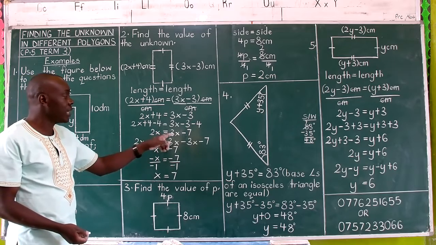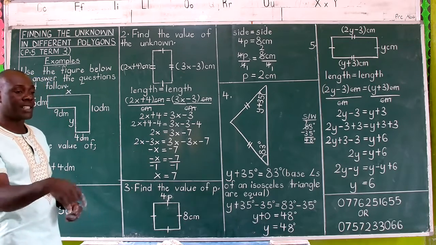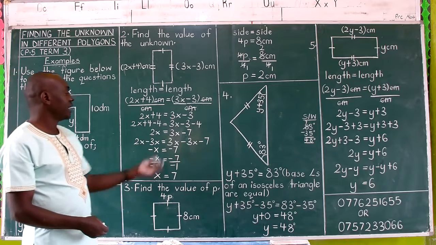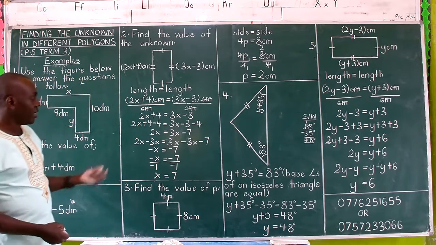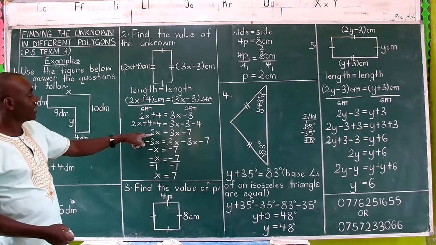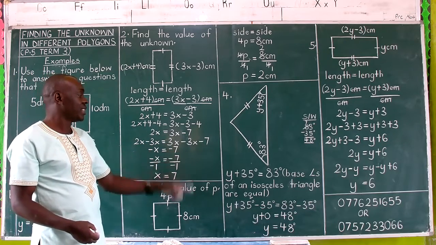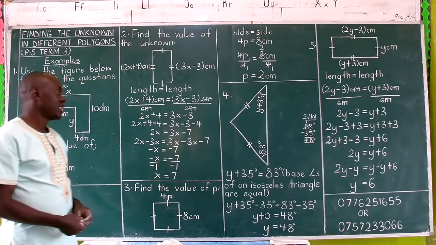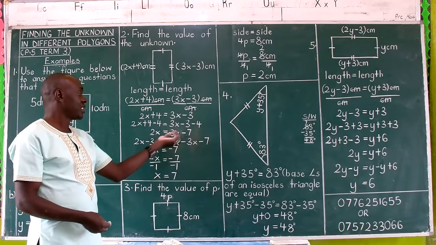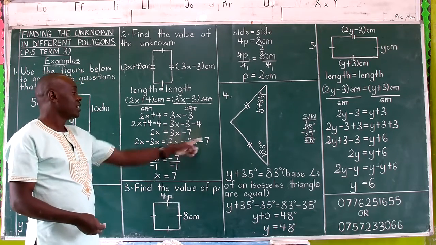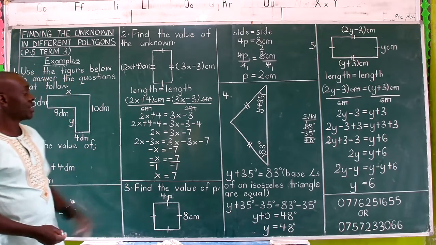So we are going to eliminate the 3x this side by subtracting, by making it a negative either side. So we go 2x this side, take away 3x equals, this is 3x, take away 3x, then minus 7. So that 3x minus 3x is no longer this side, you have a 0 here. So this side you remain with the negative 7.